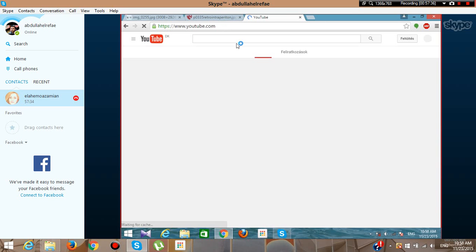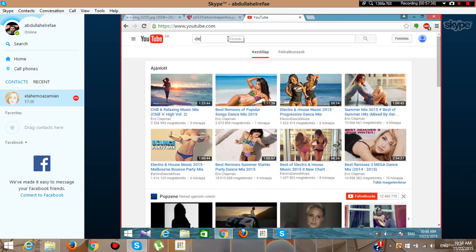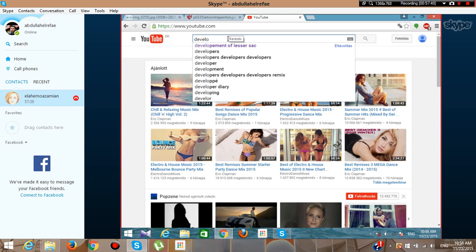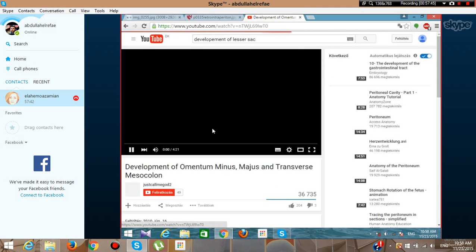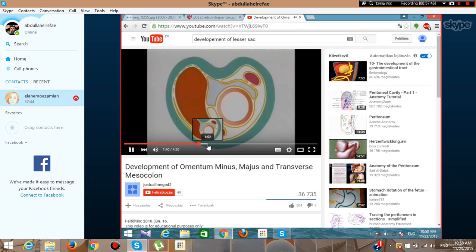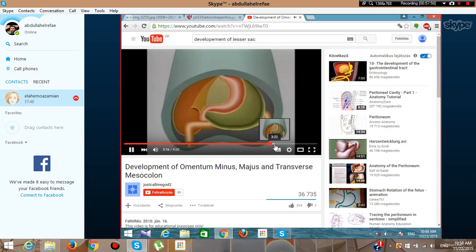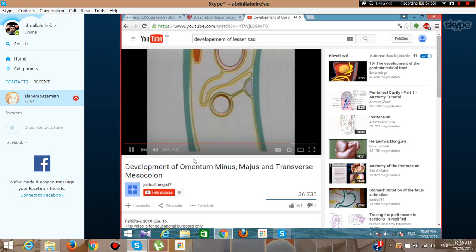Let me find it quickly. Okay, look. Do you see that it goes down? It's 4 layers first, and then these come together and this layer is absorbed.